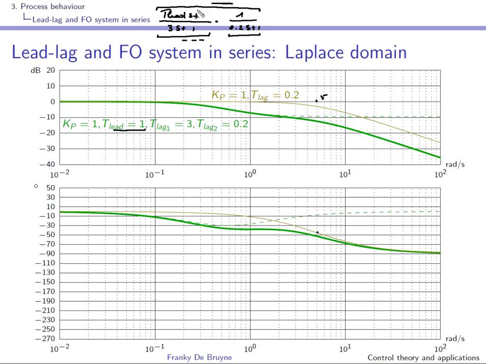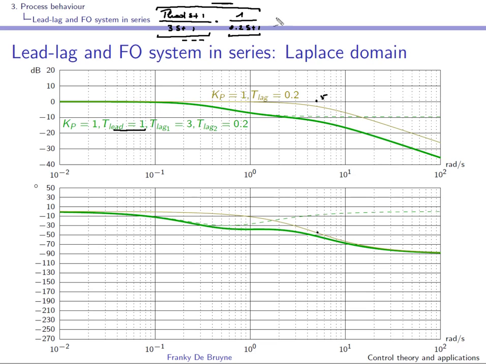The frequency response of the lead lag system is shown here in dashed lines, and we can see that this is correct because the high frequency gain is 1/3, so approximately minus 10 dB. For the combined system, you have to add the effect of the lead lag system with that of the first order system, and this is what you obtain.